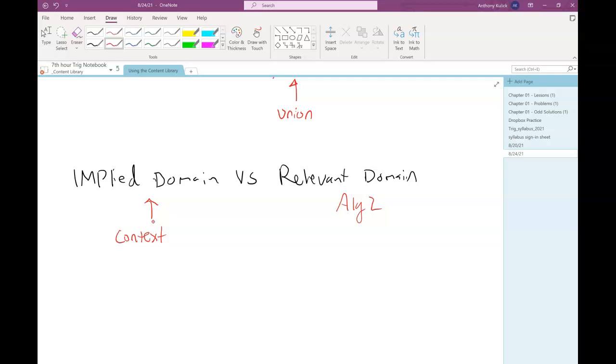Now, these two are related because the relevant domain is always going to be a subset of, or equal to, the implied domain. So the relevant domain is always going to be the same size or smaller than the implied domain, never bigger. So it's always going to be a little bit more precise.